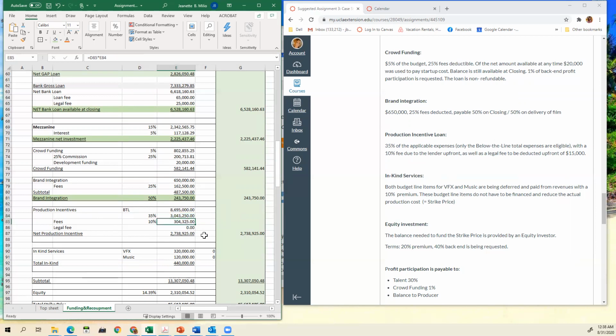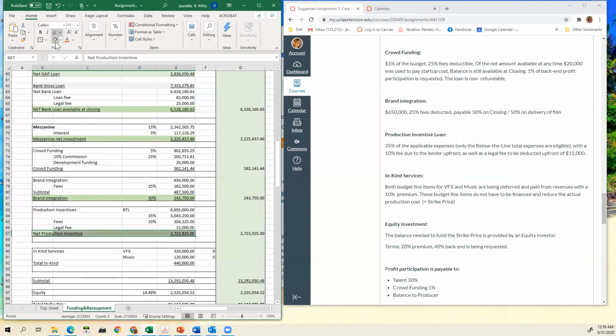We're paying a 10% fee. And where's the legal fee here? Legal fee is 15,000. I'm going to put that in here. There we go. So we're going to end up with a production incentive amount of 2,723,925. So I'm going to make that green.